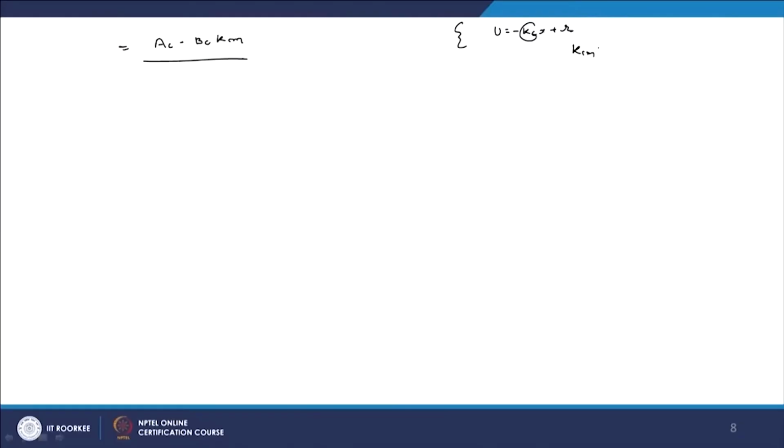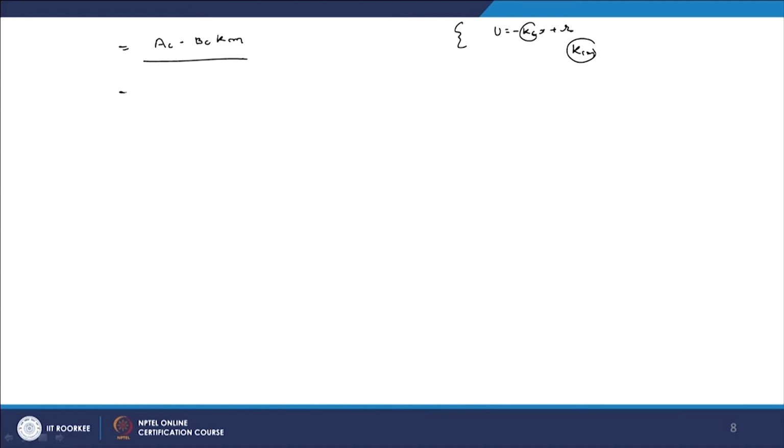Because when we write a state feedback equation as u equals minus Kc x plus r, that is with respect to state x. But when we deal with the state transformation in terms of z, instead of Kc we have KCM, and therefore we write AC minus BC into KCM.